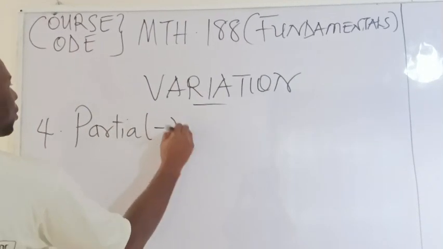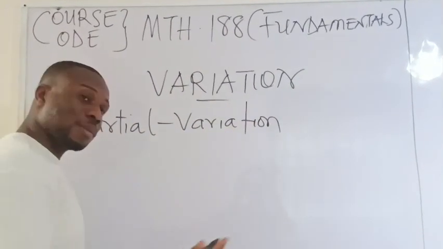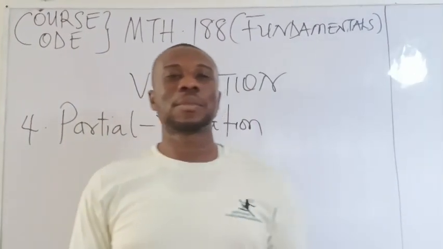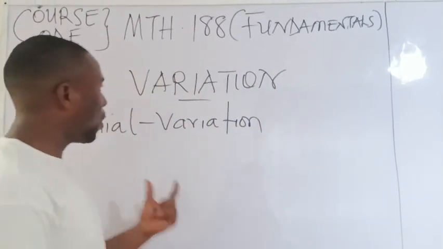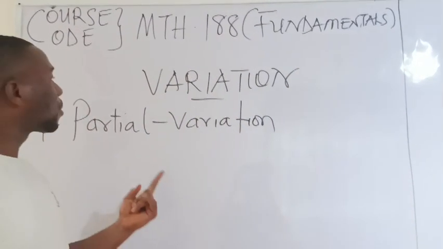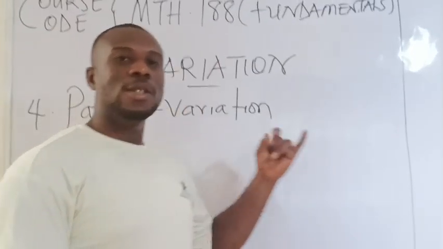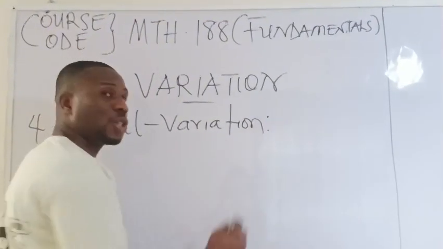Partial variation. So far, we've looked at variation to be the quantitative relation between two or more quantities. And we also talked about the types of variation, starting off from direct variation to indirect, to joint, and now to partial variation. So, what is partial variation?